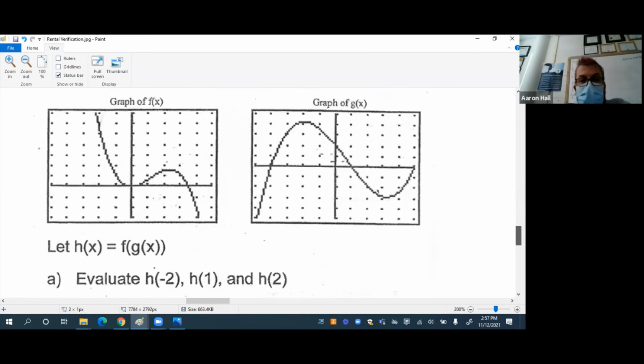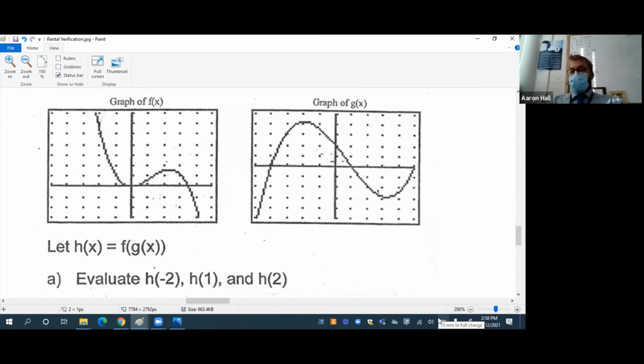I want to evaluate h of -2, h of 1, and h of 2. Are you confused with what it's asking? Should we do the first one together?